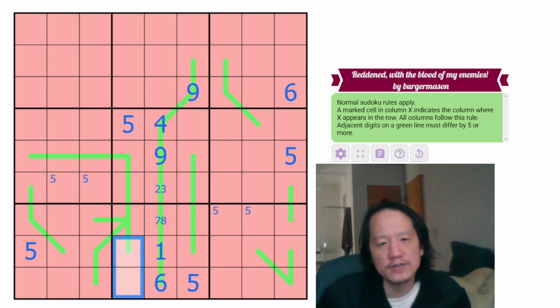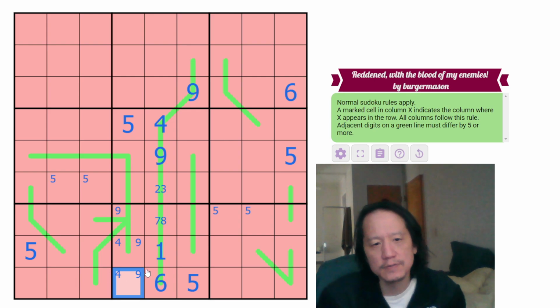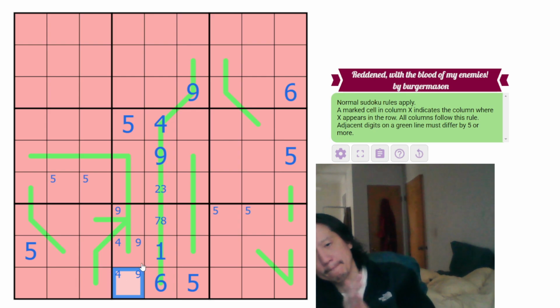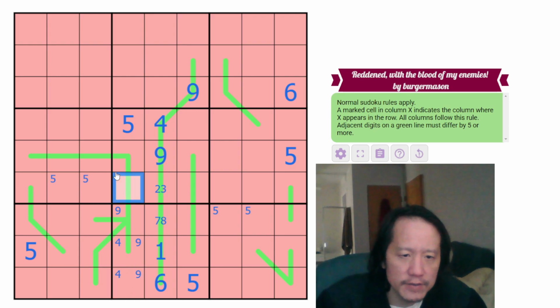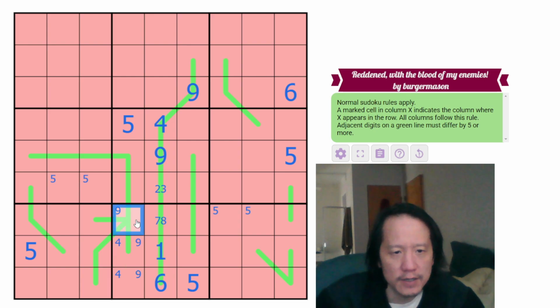It could be either of these cells. And we know 9 could be any of these cells. Well, this could be 4 here, right? Because it would be saying 4 is in the 4th position, which is fine. If this were 9, that would force this to be 4, but then this would not be 9 on the German whisper line.